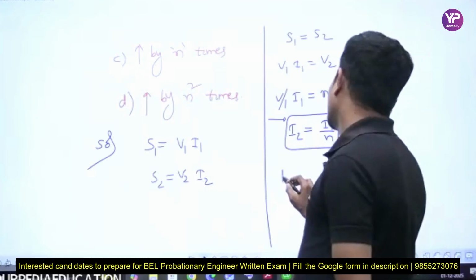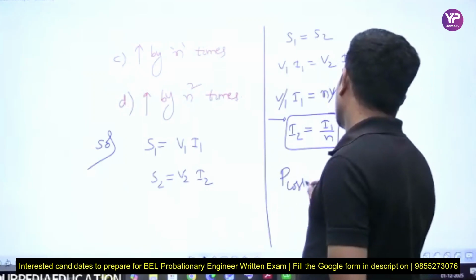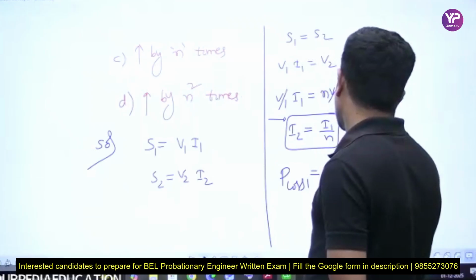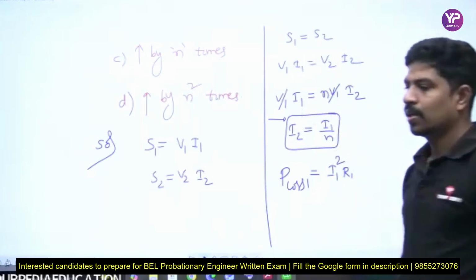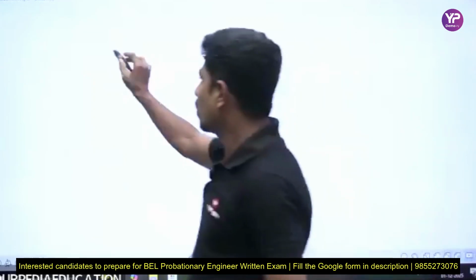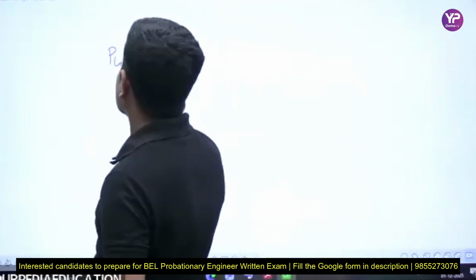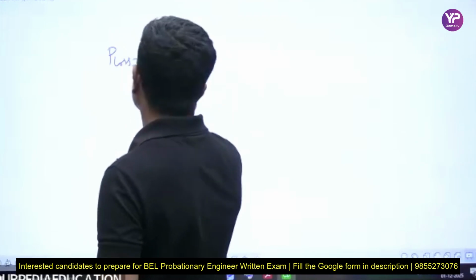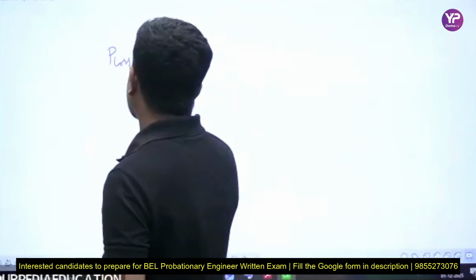Now, what is power loss? Power loss in the first case is I1 square R1, and in the second case it is I2 square R2. What is R1?